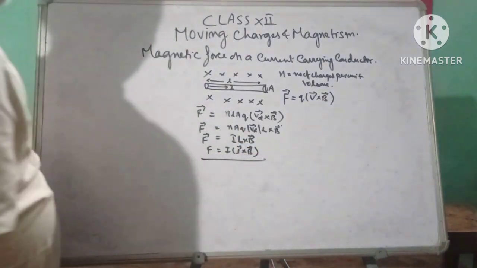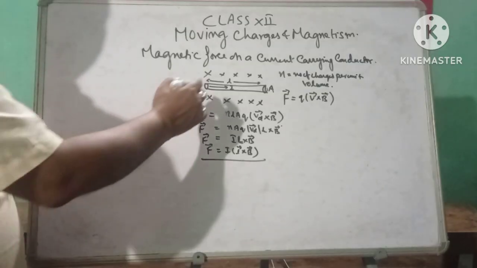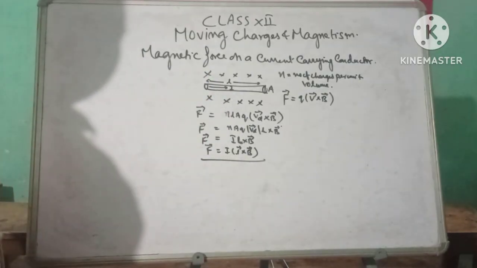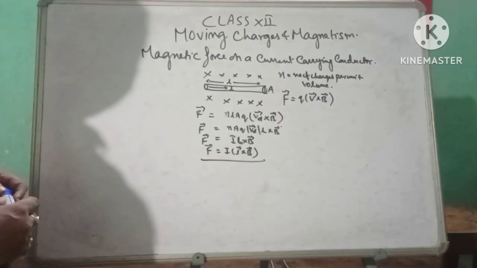So this is the force exerted by the magnetic field on the current carrying conductor.